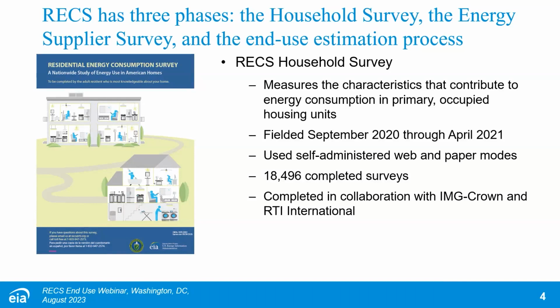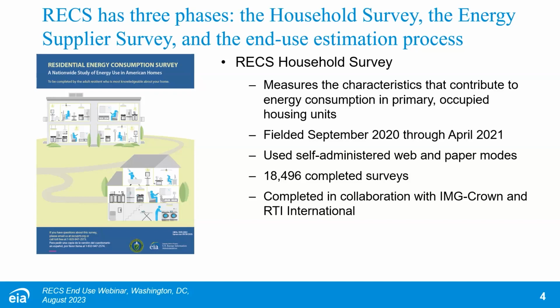The unit of analysis is primary occupied housing units. This includes single-family detached and attached houses, units in apartment buildings, and mobile homes. The RECs does not include seasonal or vacation homes, vacant homes, or group quarters, like college dorms or military barracks.